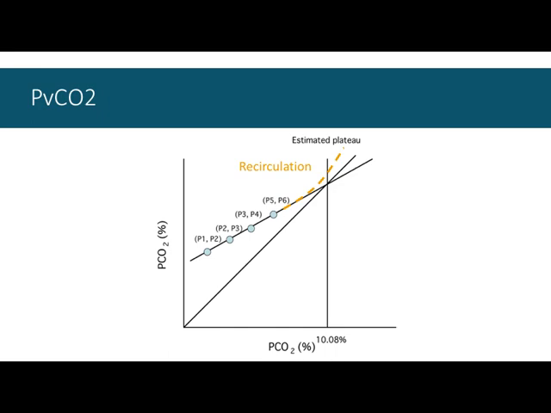And so now, if we have this trace with these data points, we can say the point of intersection is where CO2 in the lung bag system matches venous CO2. That's the point where equilibrium has been achieved. And that point of intersection, in this case, corresponds to 10.08%.